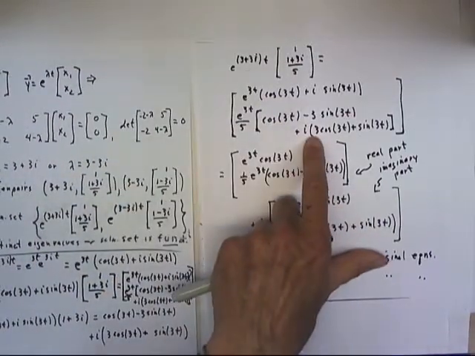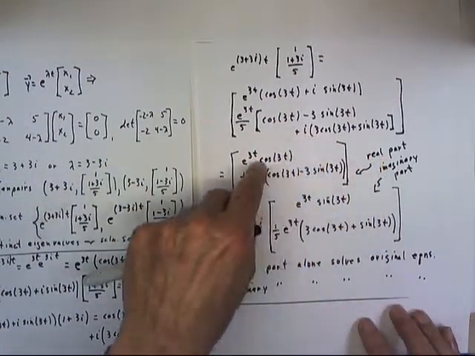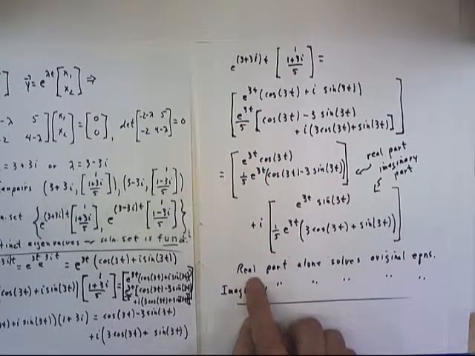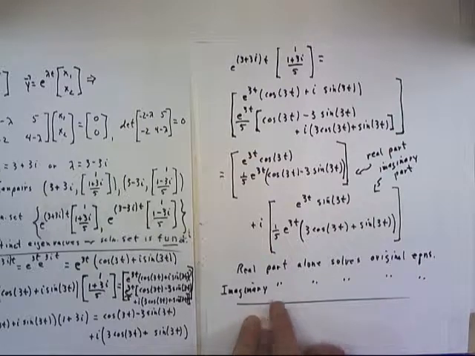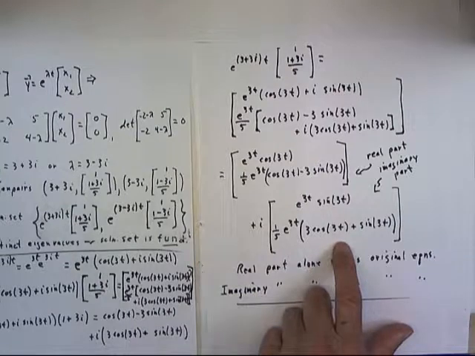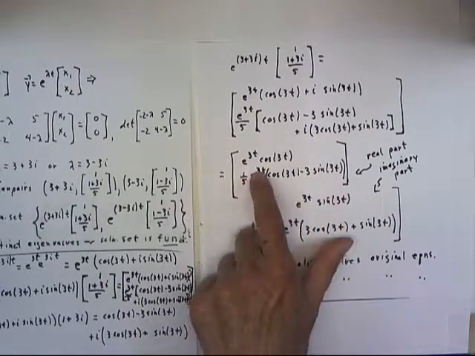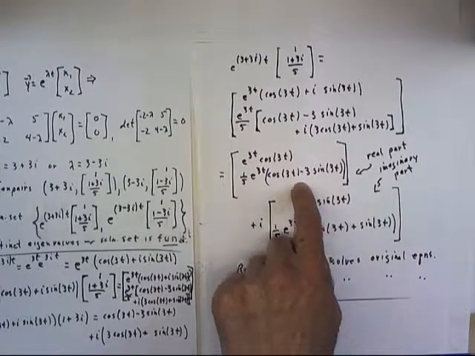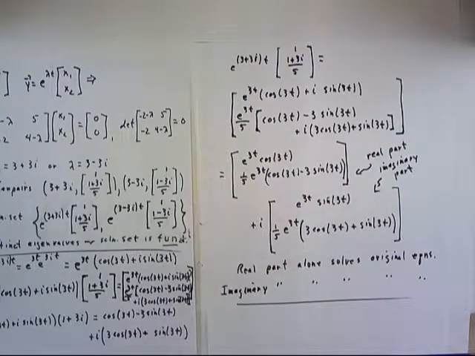We get this vector, we separate it into its real part, its imaginary part, and now we've claimed that the real part alone is a solution to the system, and so is the imaginary part alone. It's not difficult to prove this in general, but for the moment we're just going to verify it for the real part of this solution. We're going to plug this real part back into the original system of equations and verify that it is indeed a solution.